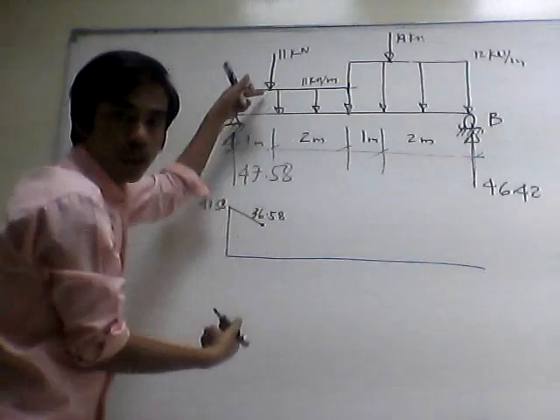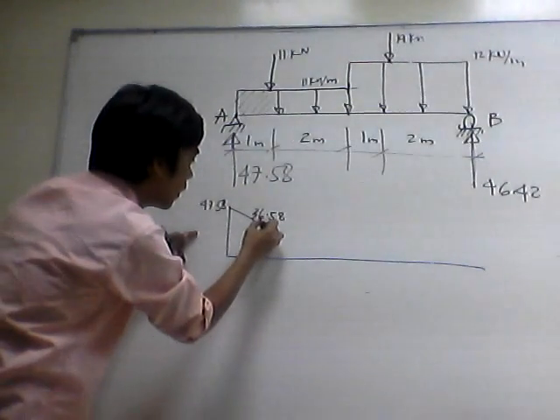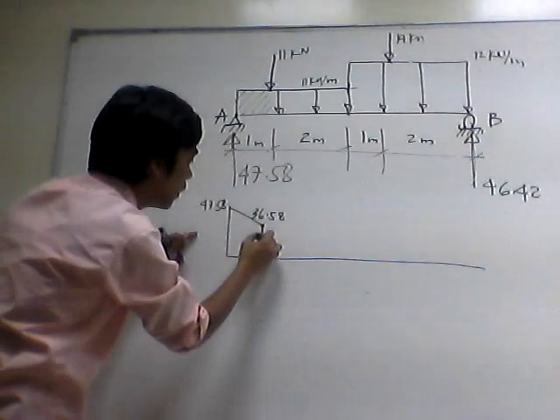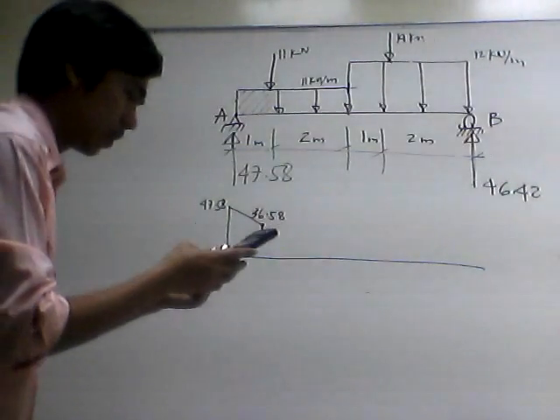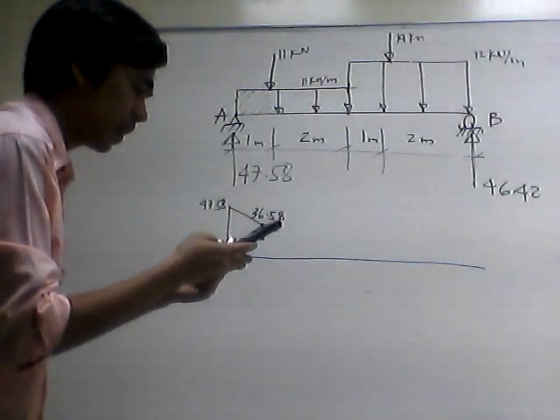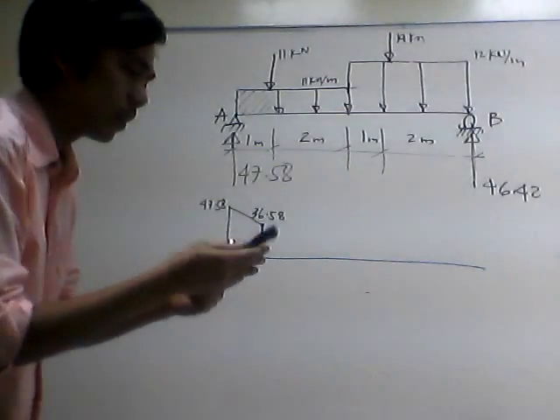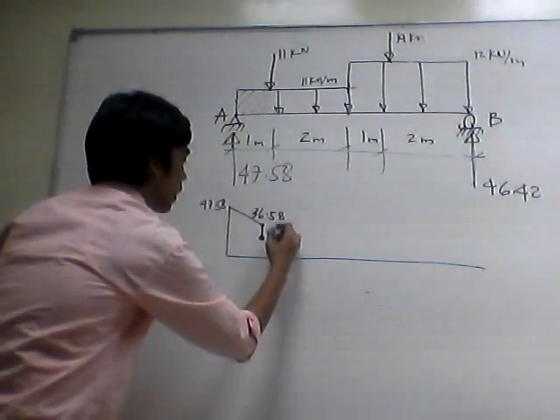Minus a downward force of 11 here, that will be like this, and that will give you 36.58 less 11, that is 25.58 here.